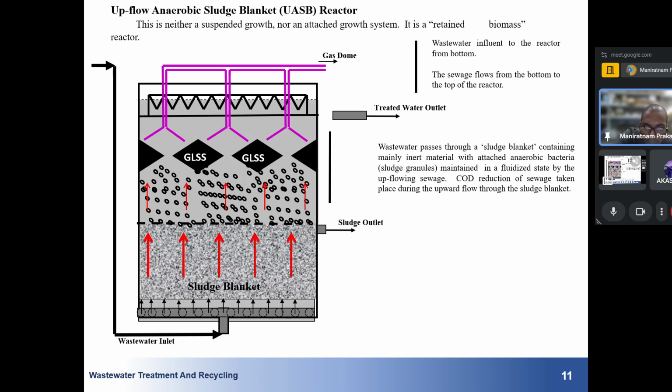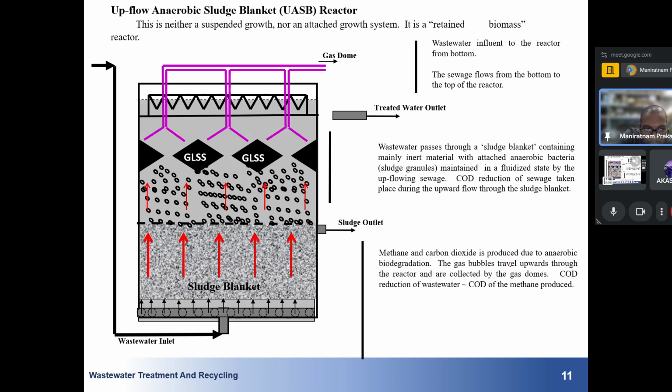So these are always in liquid form only. COD reduction of the sewage takes place during the upward flow. Remember this COD, because once the loading decreases, the amount of COD and BOD will decrease.